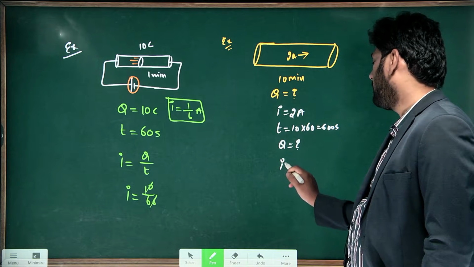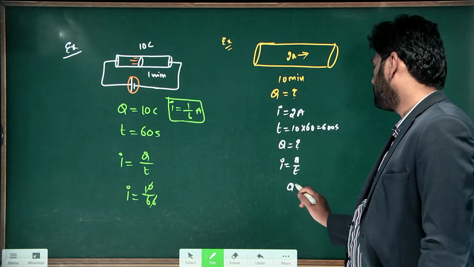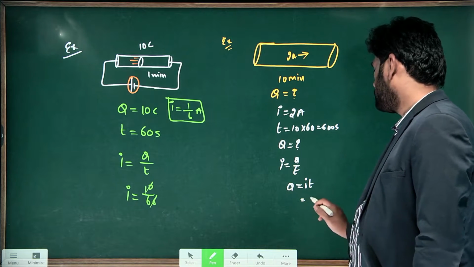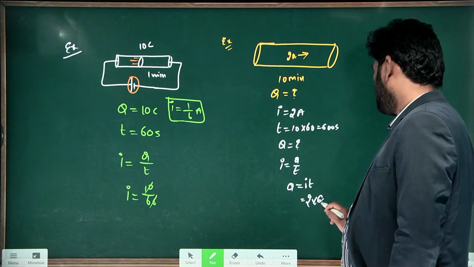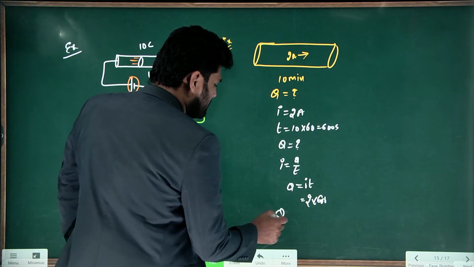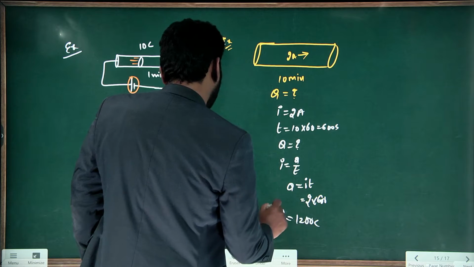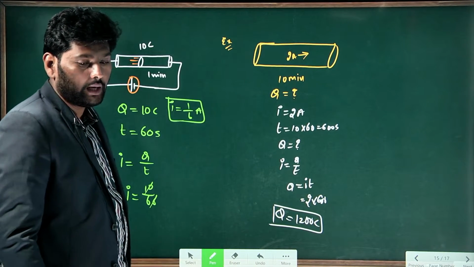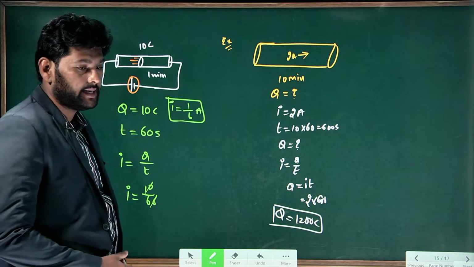That is I is equal to Q by T. From here Q is equal to I into T. I value is 2 and time value is 600 seconds. So totally how much is the charge here? Charge is 1200 coulomb. 1200 coulomb charge is flowing. Understand?